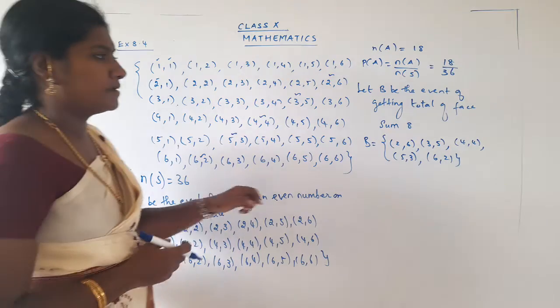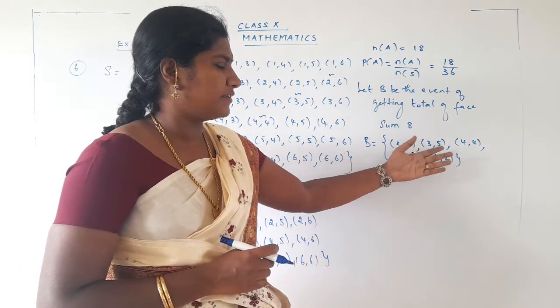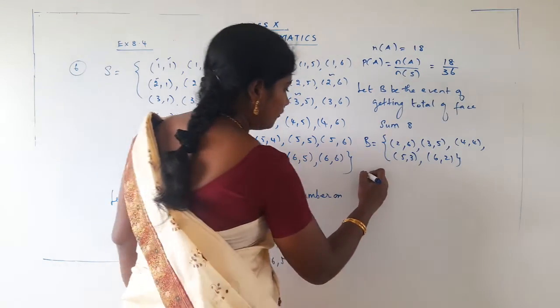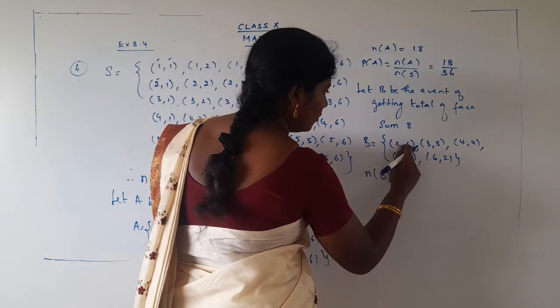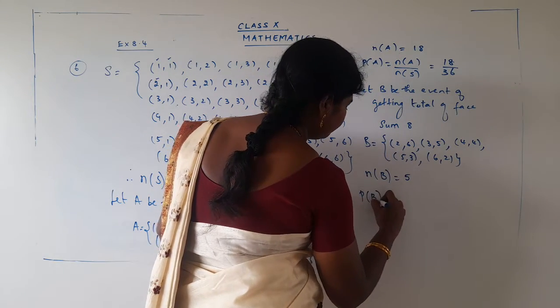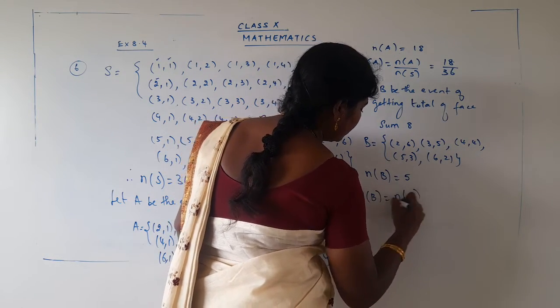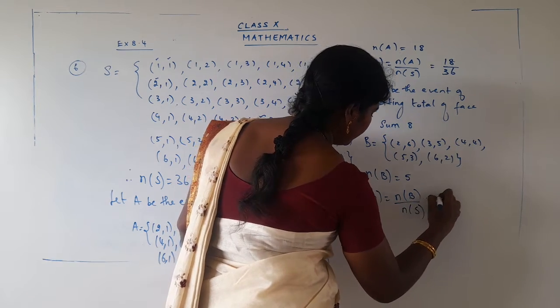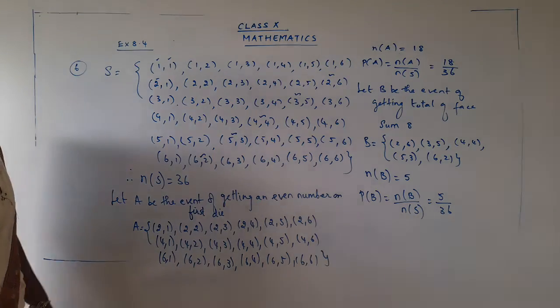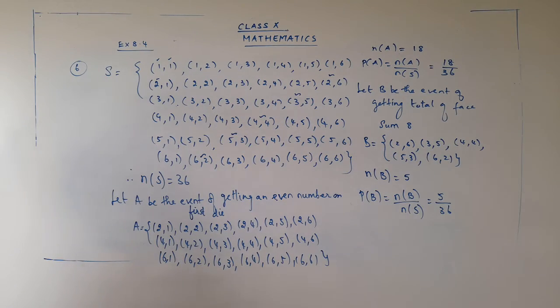The total of sum is 8. See, 2 plus 6 is 8, 3 plus 5 is 8, 4 plus 4 is 8, 5 plus 3 is 8, 6 plus 2 is 8. So n of B is equal to 1, 2, 3, 4, 5. So P of B is equal to n of B upon n of S, 5 upon 36. Do not simplify here. Simplification is not possible. Just keep it as 5 upon 36.